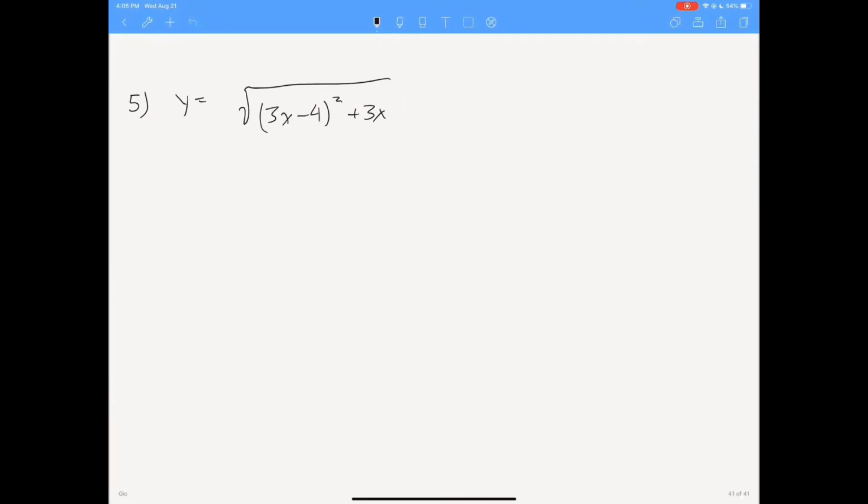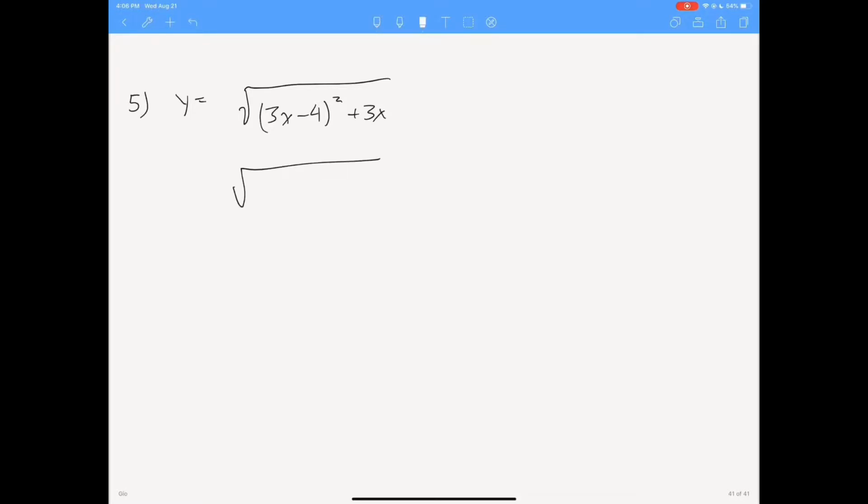Now this is a bit of a tougher example because we might have to use the chain rule twice. And you'll actually see what I mean in a moment. So let's just pretend this is a normal problem. We'll see our outside function and our inside function. So I see a radical containing a lot of things inside.